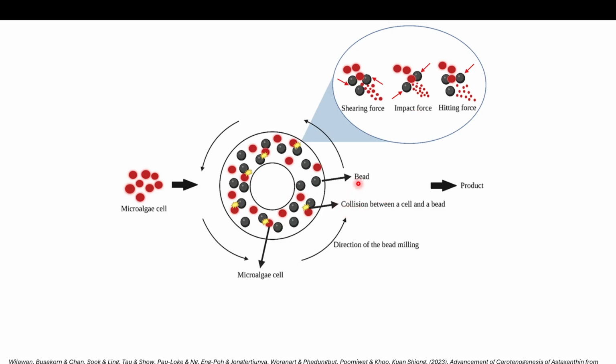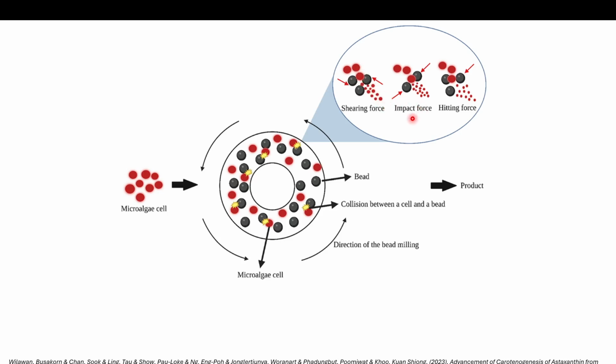The beads are colliding with the cells, and there can be mainly three different kinds of force. One is the shearing force, where between two beads there is enough gap that the cell wall is retained, but the intracellular molecules can come out of the cells.